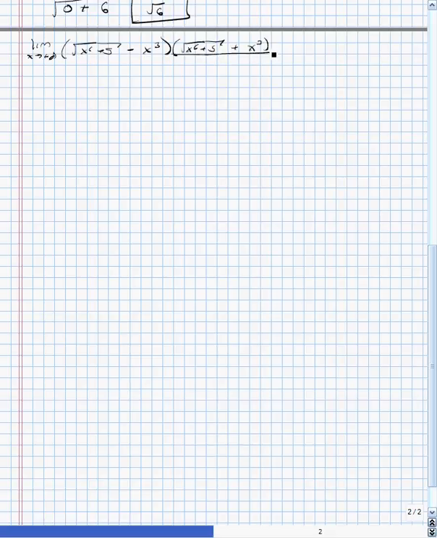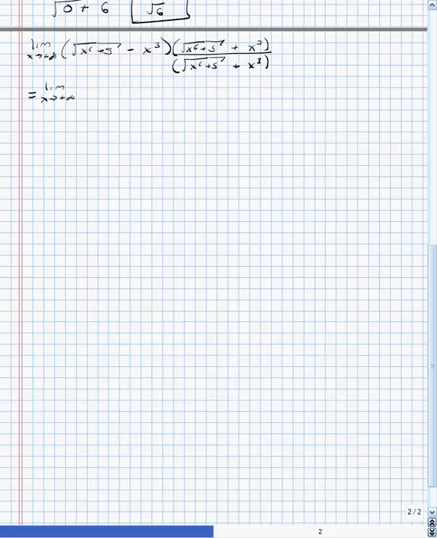Now, in order to keep this in equality, we have to divide by the same thing: the square root of x to the 6th plus 5, plus x to the 3rd. We can simplify this down to the limit as x approaches positive infinity of, now if we look at the top here, we have a square root minus a polynomial times a square root plus a polynomial.